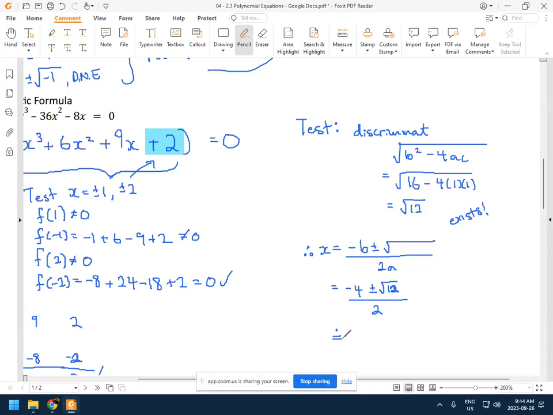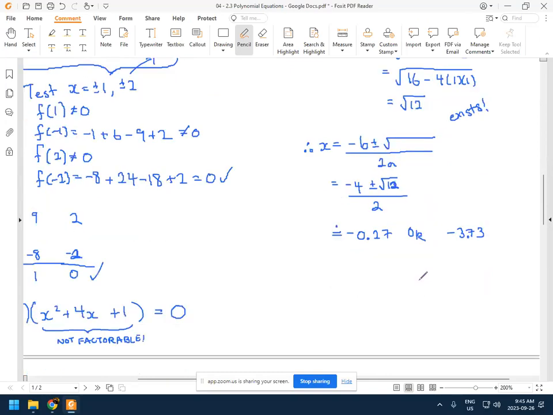Negative 4 plus minus root 12 all over 2 is going to be negative 0.27 or negative 3.73 or something like that. So a question like that is going to be worth a significant number of marks because I expect you to do all of that, right?